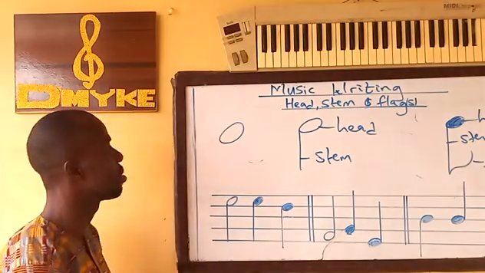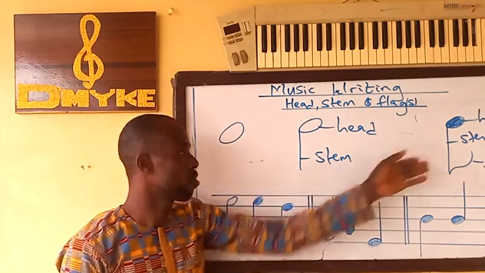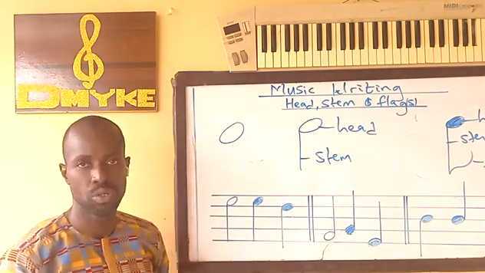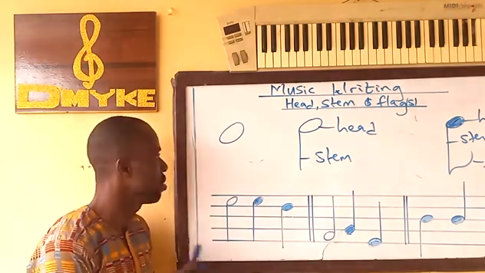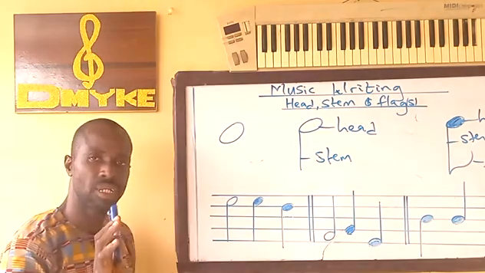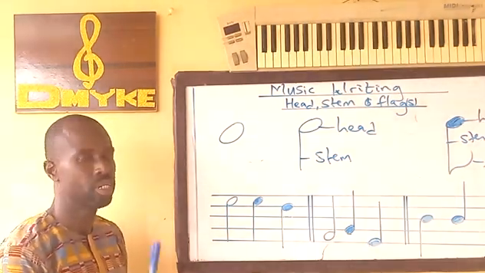So now in this case, how do we write this note on the stave? That is what we are working on today. So there are three main rules. The first one is the note should be well positioned either on the line or in the space.